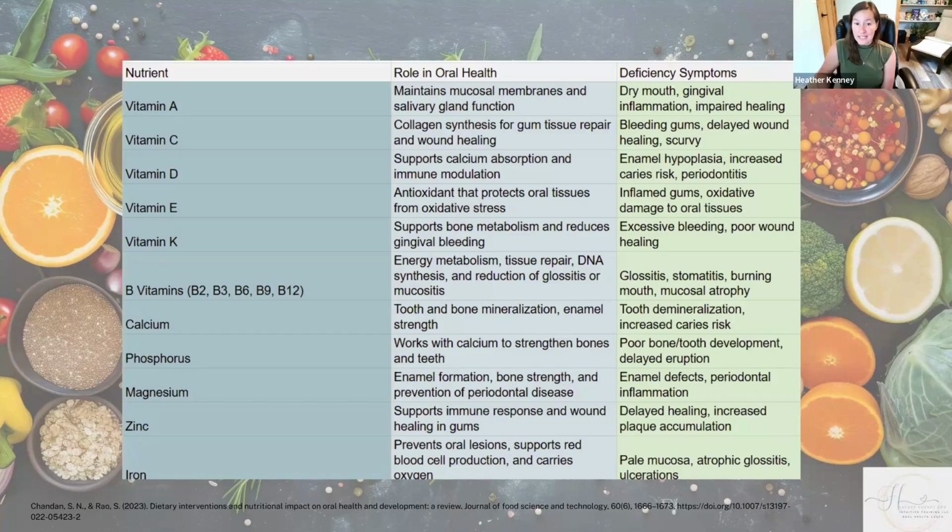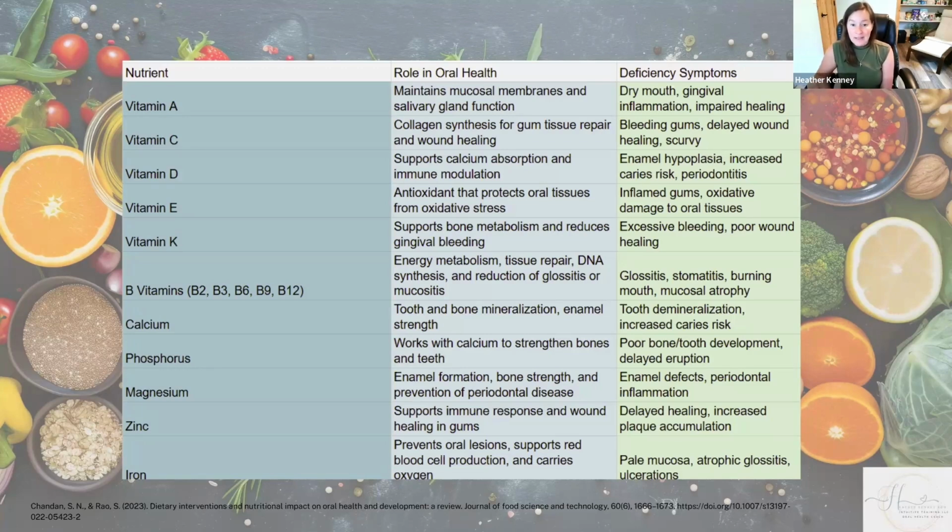We know that vitamin C helps with collagen synthesis, with tissue repair. So we need to make sure our patients are vitamin C sufficient. So taking a vitamin C can help our patients. That's going to help with our bleeding points and our healing component. Calcium doesn't move without vitamin D and K2 together.